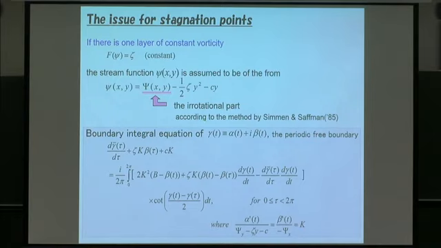Then according to Schiemann and Saffman, it can be analyzed by an analytic function, and after using the Cauchy integral formula, we have a boundary integral equation for gamma(t). Here, the unknown function gamma(t) is the parameterization of the free boundary.